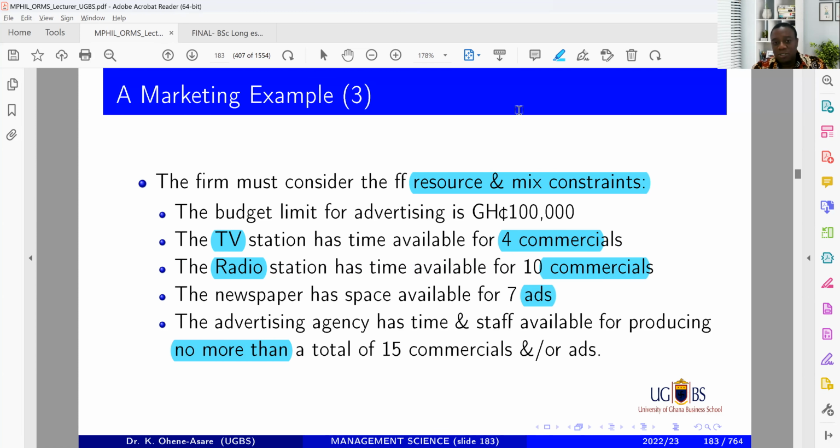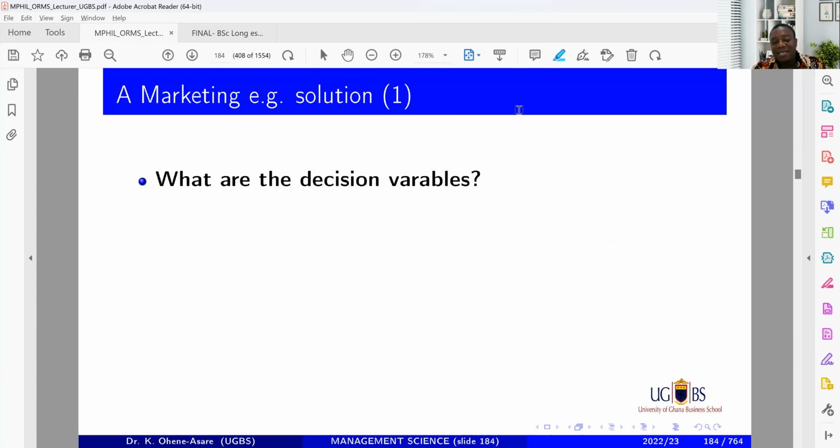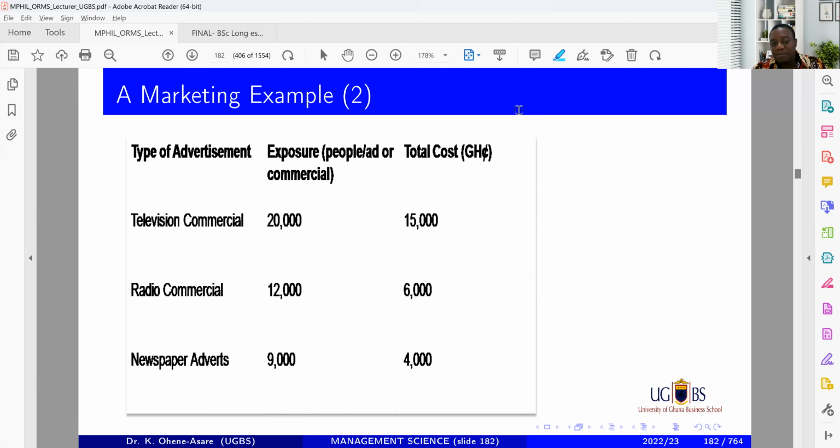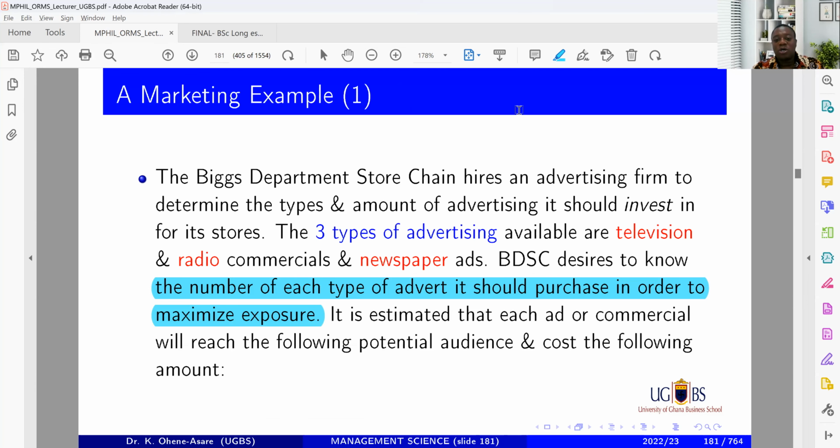All right. So what are the decision variables? Who can tell me? When we talk about this, what are the decision variables? You must always know the decision variables and then know the objective function. You can take a guess.